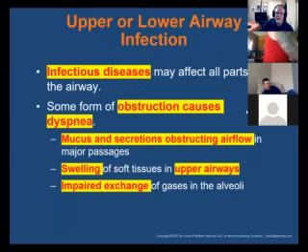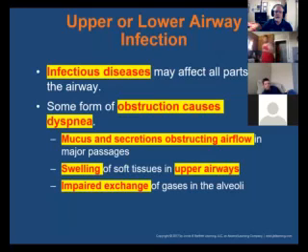We already talked about asthma and that narrowing of the bronchioles. It could be that they have an infectious process. They have bronchitis. That should sound familiar to you. Maybe you never thought about what bronchitis really was, but bronchitis is an infectious process that causes inflammation or swelling, constriction.